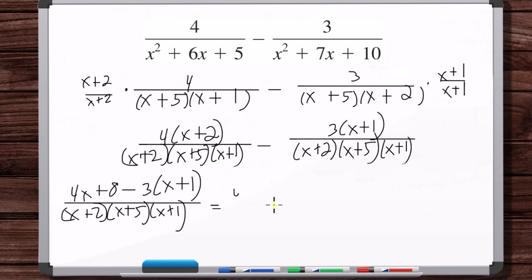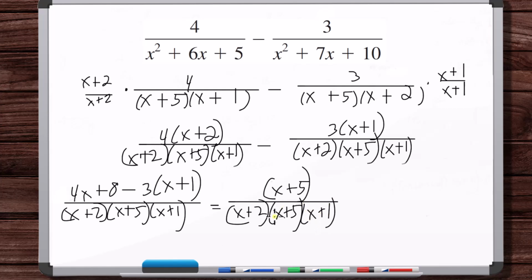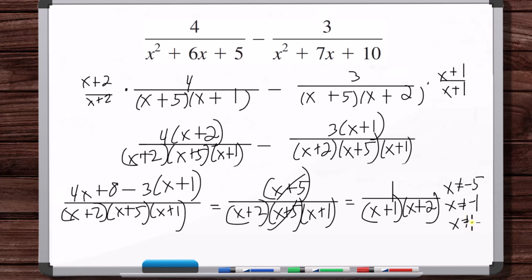So, okay, then let's do x plus 1, x plus 2. There we go. But now, coming back to the original expression here, x can't be equal to minus 5, x can't be equal to minus 1, x can't be equal to minus 2, even though minus 5 would work in this final expression. Still. Okay.